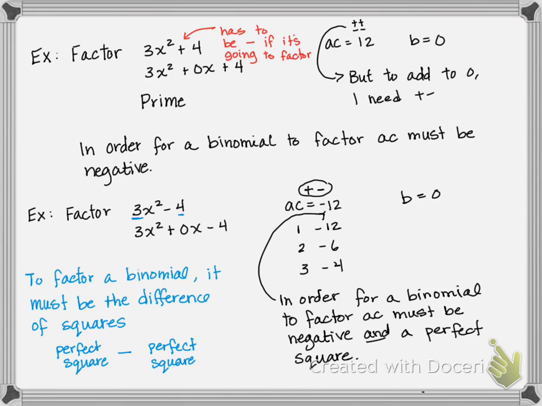So like 4x squared minus 9 is the difference of squares because 4x squared is a perfect square and 9 is a perfect square, and subtraction between them makes it a difference.